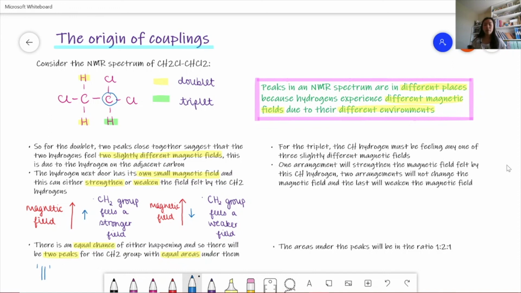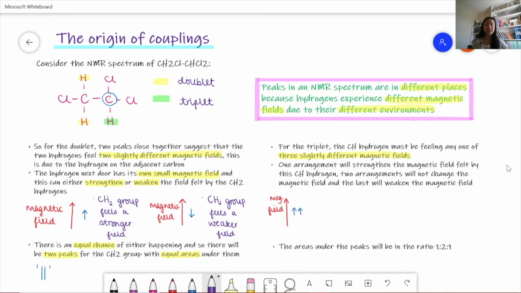However, for the triplet, the CH hydrogen must be feeling any one of 3 slightly different magnetic fields, because we've got 3 peaks now instead of 1. And so we get 3 different arrangements. The first one we can get is if we have the external magnetic field, and we have both of the 2 hydrogens on the adjacent carbon aligned with this field.